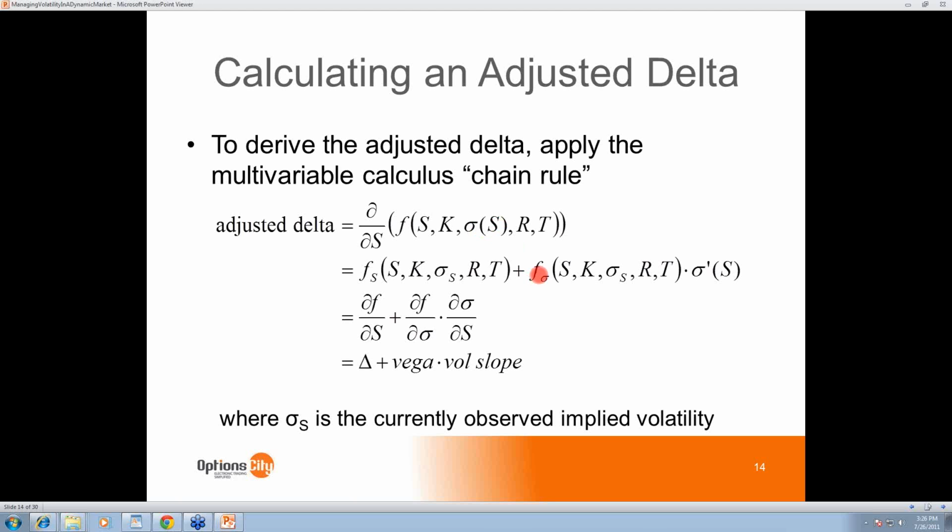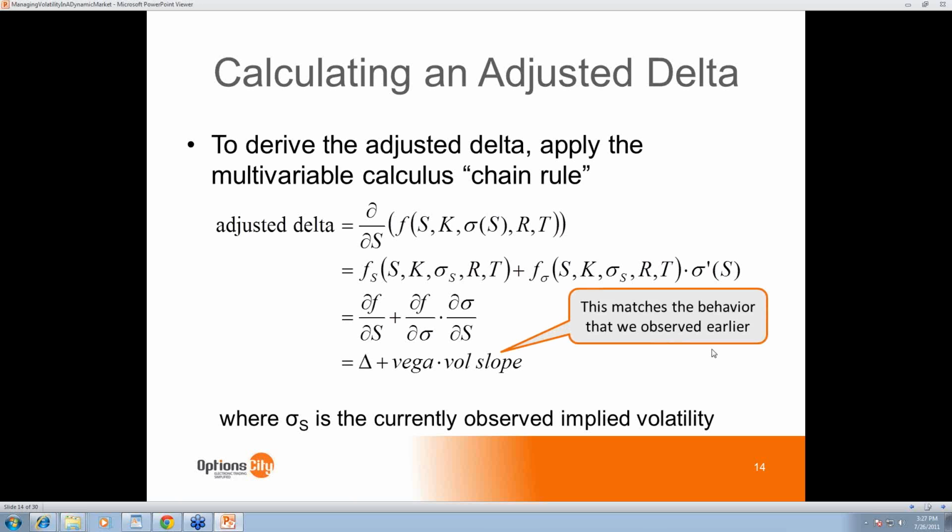But the issue is that this volatility sensitivity is in a different set of units. It's the change in price as the volatility changes. So essentially, the chain rule has us apply a unit conversion, which is the rate of change of the volatility as the underlying changes. All that gives us in the end is this correction: delta plus vega times the slope of the volatility, or the rate of change of volatility.